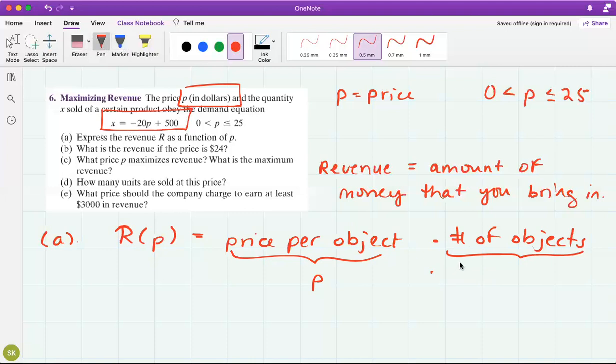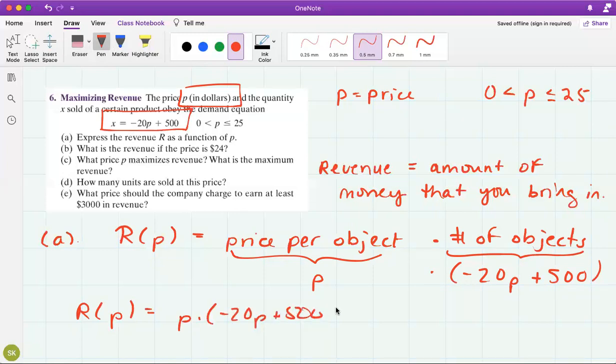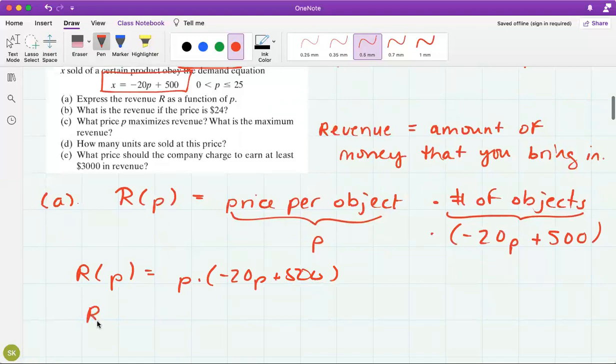So I'm going to multiply this by negative 20P plus 500. So the revenue is P times negative 20P plus 500. And let's clean this up a little bit. The revenue of P is negative 20P squared plus 500P.